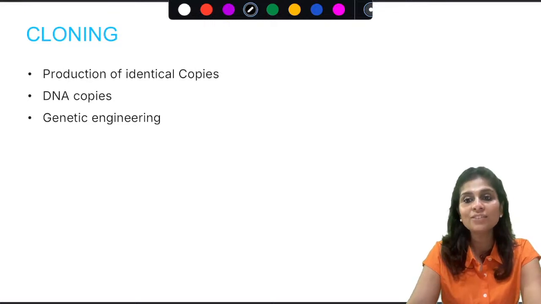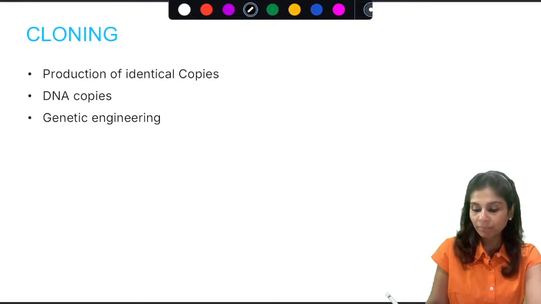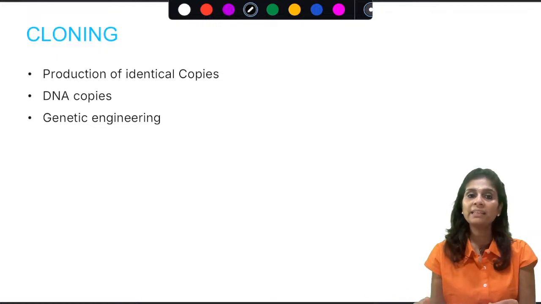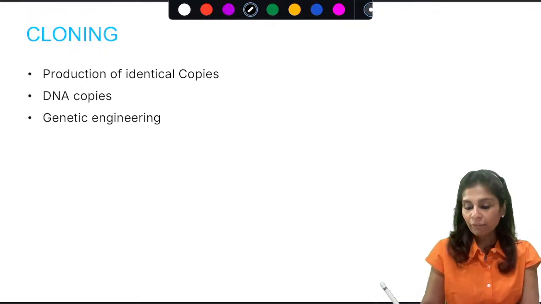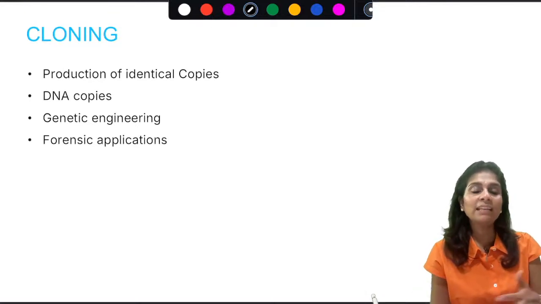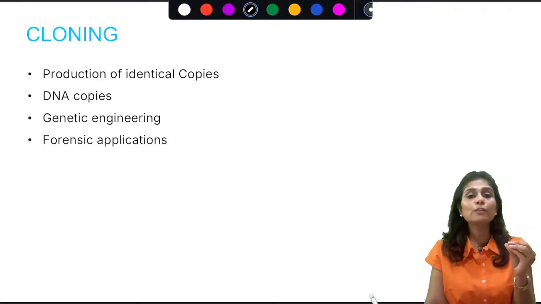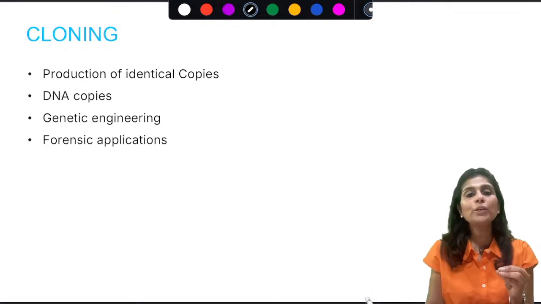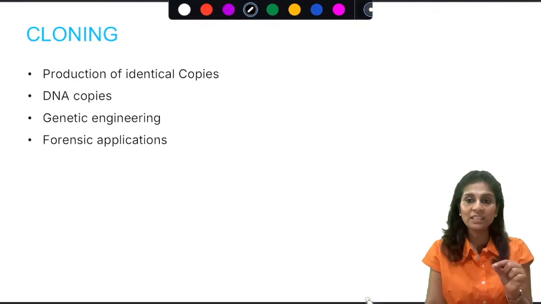One is genetic engineering application. The other one is forensic application, wherein from the crime site, maximally what you can expect is a hair follicle. Not just hair follicle, it can even be a blood spot. And from a hair follicle or a blood spot, maximally you will expect 1 or 2 copies of DNA.